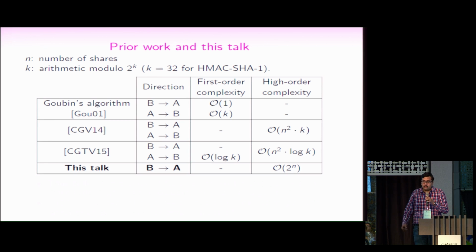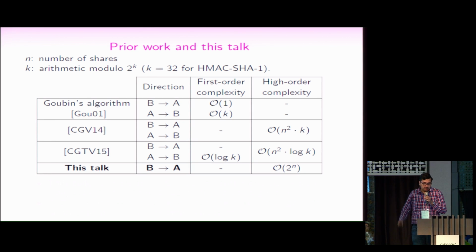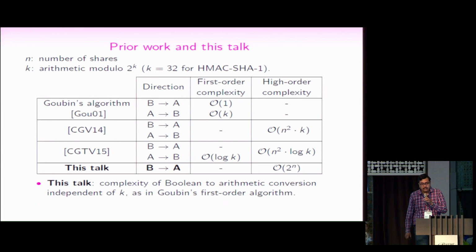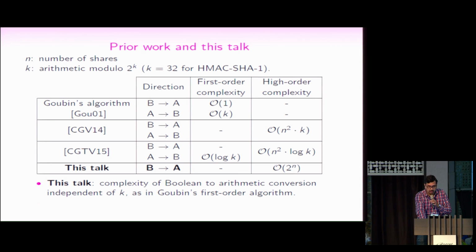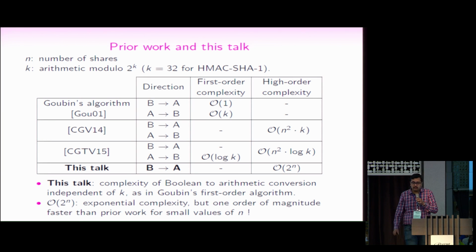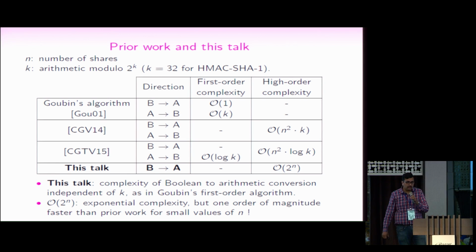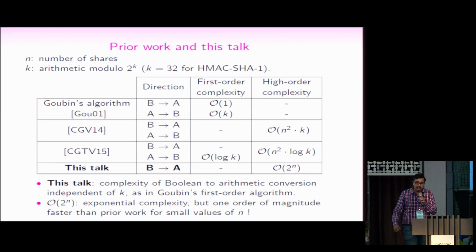So what the author of this work proposes is a Boolean to arithmetic conversion algorithm of complexity order 2 to the power n. Note that this complexity is independent of the register size, as in Goubin's first order algorithm. Though it's of exponential complexity, for small values of n it turns out to be one order of magnitude faster than the prior work.